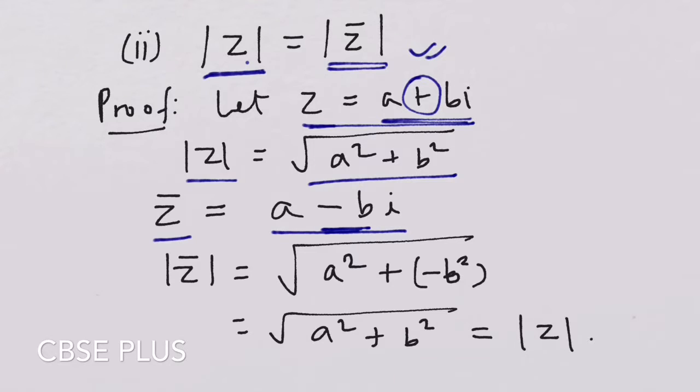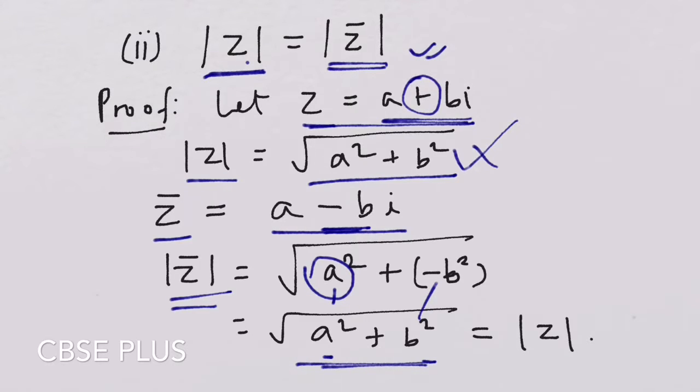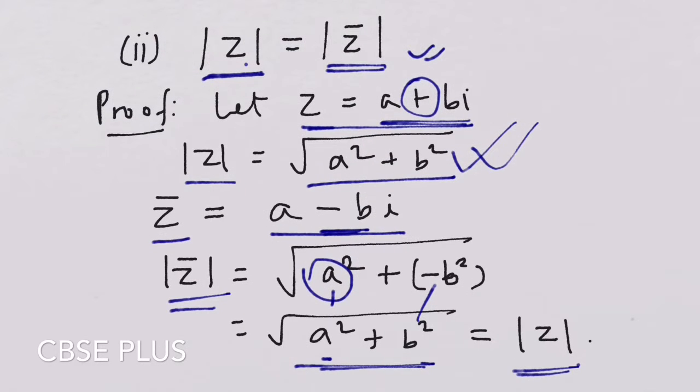So modulus of this conjugate is actually under root of the real part, that is a square, plus the imaginary part, which is minus b square. So a square will be written as a square and minus b square will be written as b square, because square cancels the negative sign. So we get this term under root a square plus b square, which is also used here for the modulus of z, and we get the RHS. And by doing this, we simply see that the modulus of z is equal to the modulus of the conjugate of z.